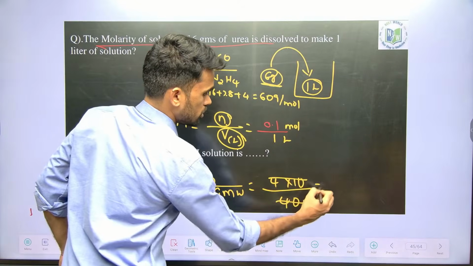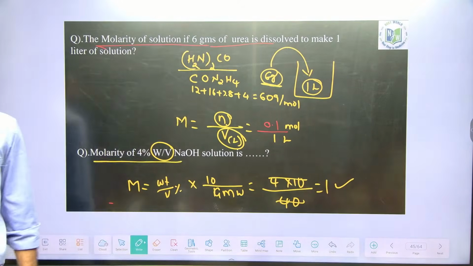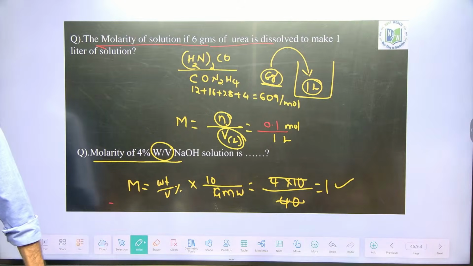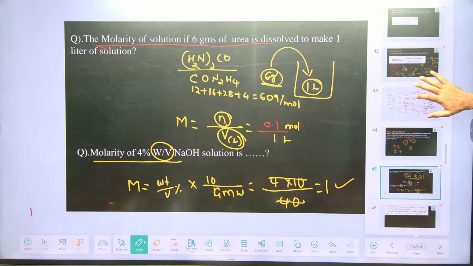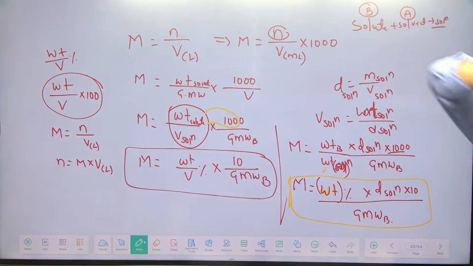So the answer is 1. That's it, this is how you need to do. Everyone got this? Yeah. So first you need to make this formula list. Don't write all the theory that is present on the board, but at least make that formula sheet.